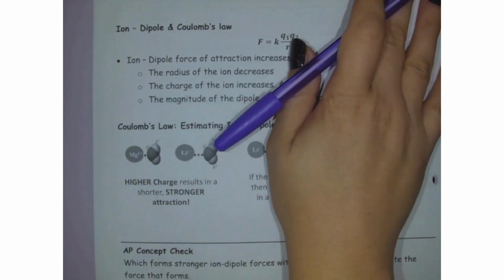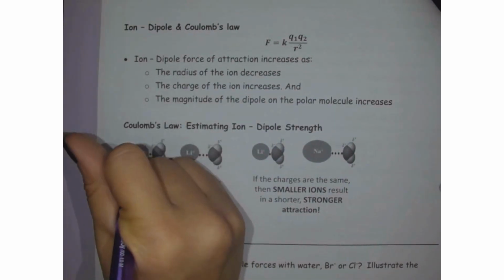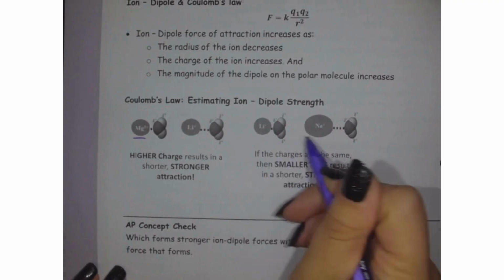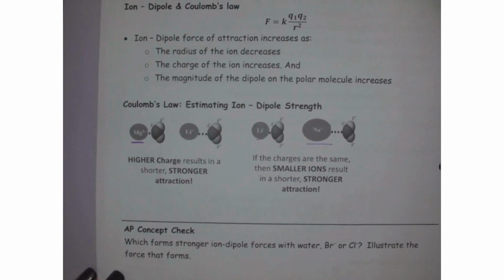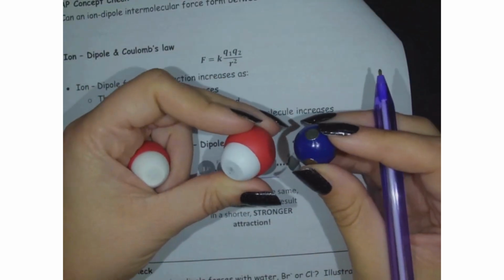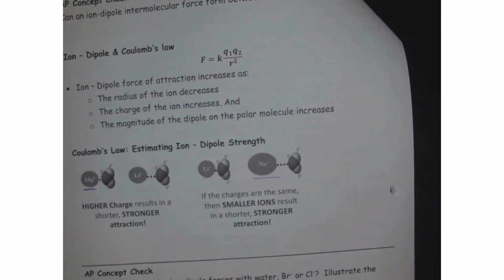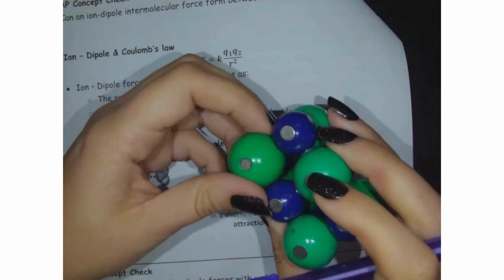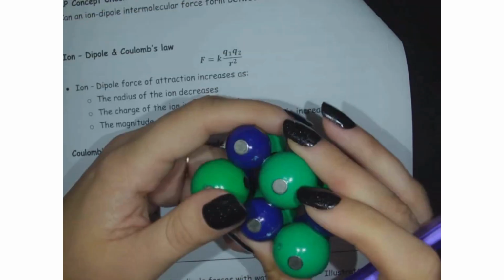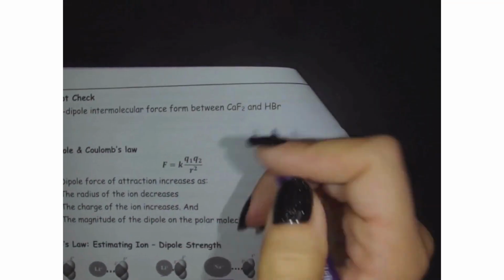Now there's going to be some questions about these ion dipoles, and it's going to specifically deal with the charge of the ion or the radius of the ion, okay? So when it comes to ions, and this is true whether it's an ion dipole, an ion attracted to a polar molecule, or lattice energy, like the attraction between ion and ion, the first thing that you should always look at is charge first.